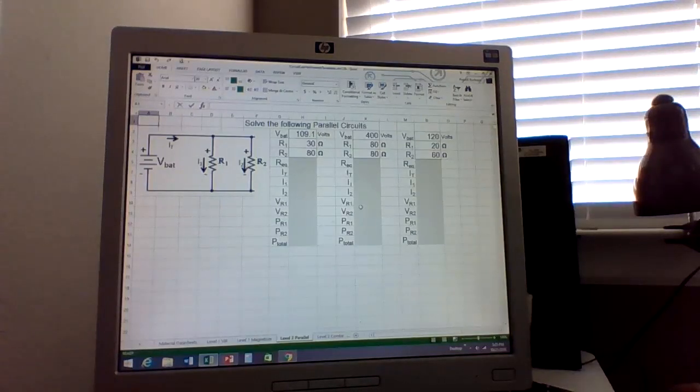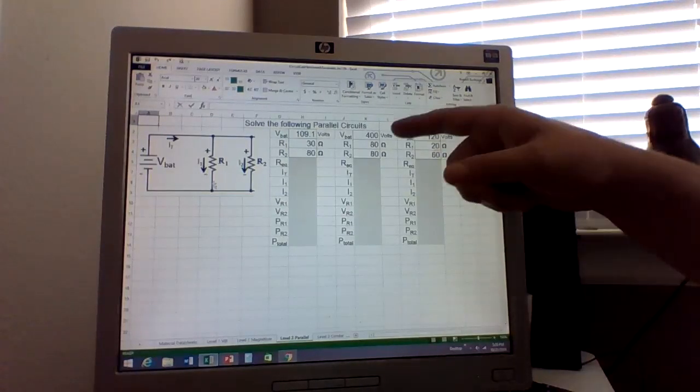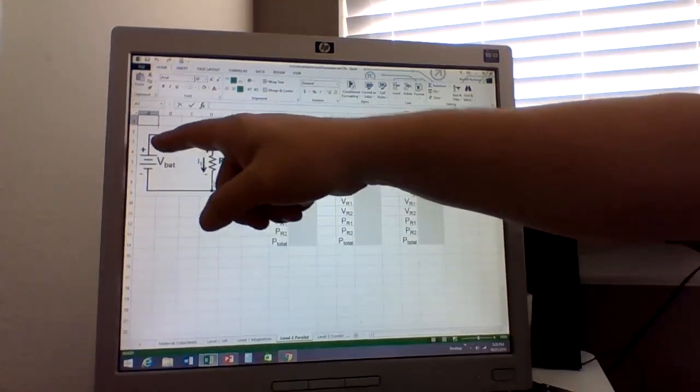Now, what is the voltage across R1? You do not need to calculate it. What is the voltage across R1? If our voltage is 400 volts from here to here, so this is 400 volts.